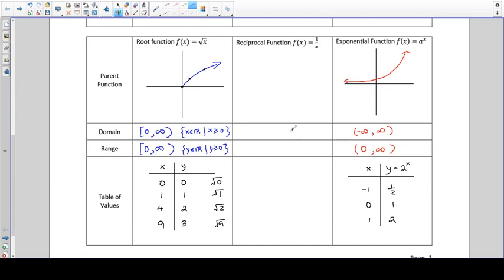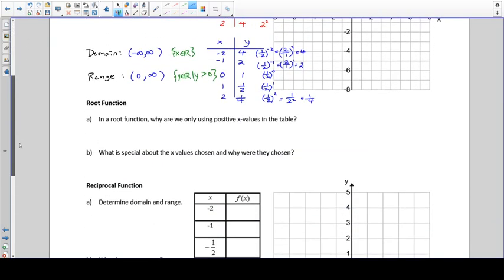All right, so let's examine this more. The first question is, in a root, why are we only using positive x values in the table? In case you forgot what I was doing on a previous page, I'll do it again for you. The question is asking, how come these numbers are all positive?